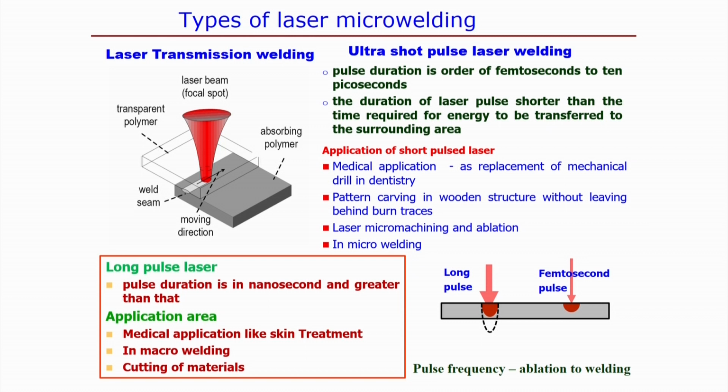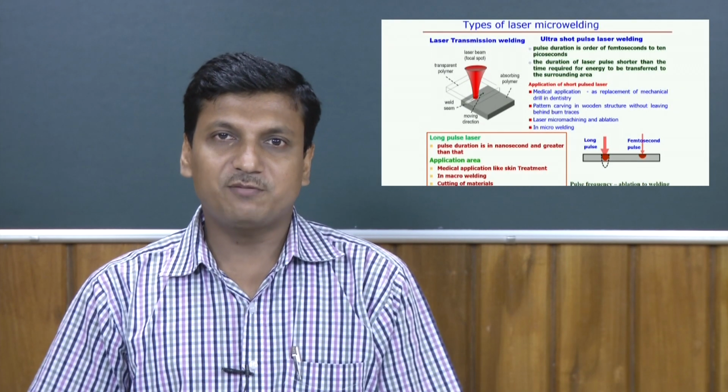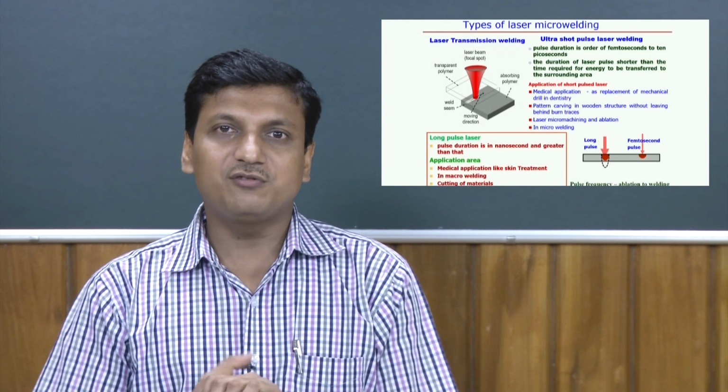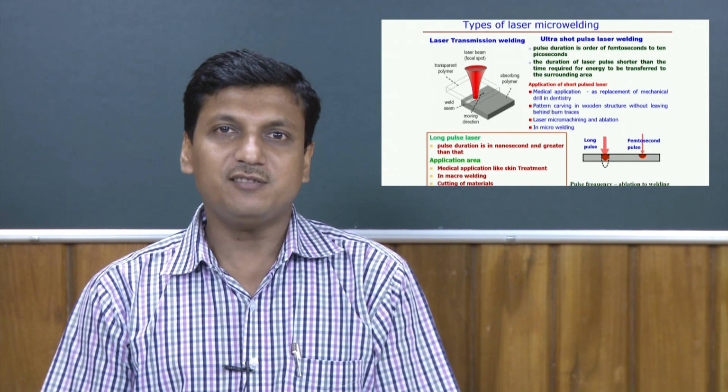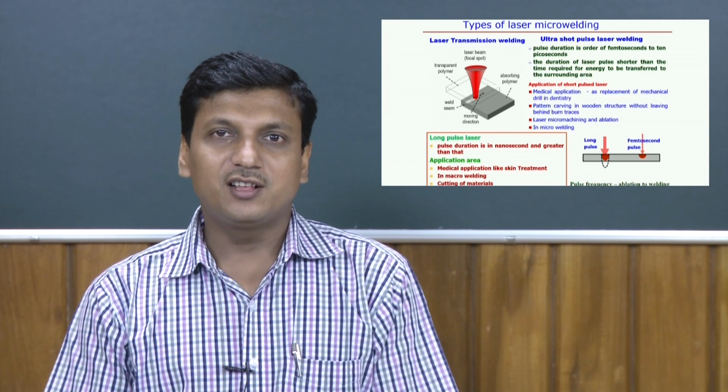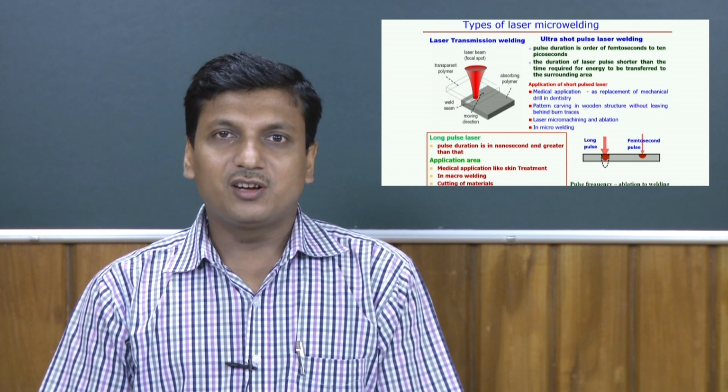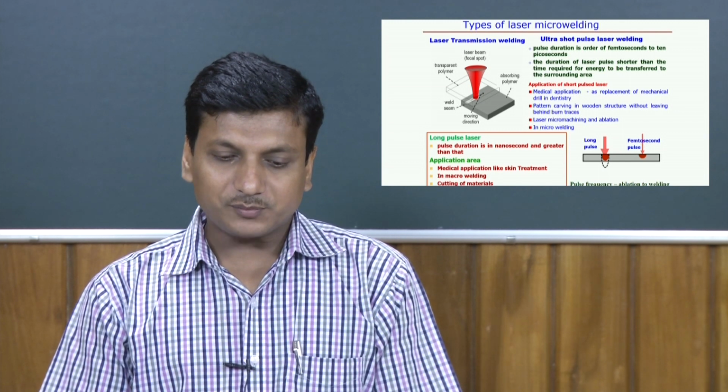But in this case, if we try to join two transparent polymer materials using the laser transmission welding process, and the laser light is transparent for both materials, then it is necessary to put one very thin absorbing layer at the interface, so that the layer will absorb the laser energy and finally melt the substrate material, and then we can form the weld.